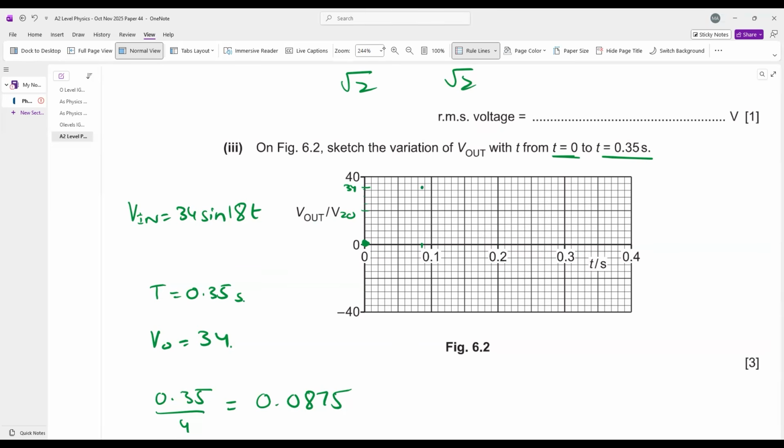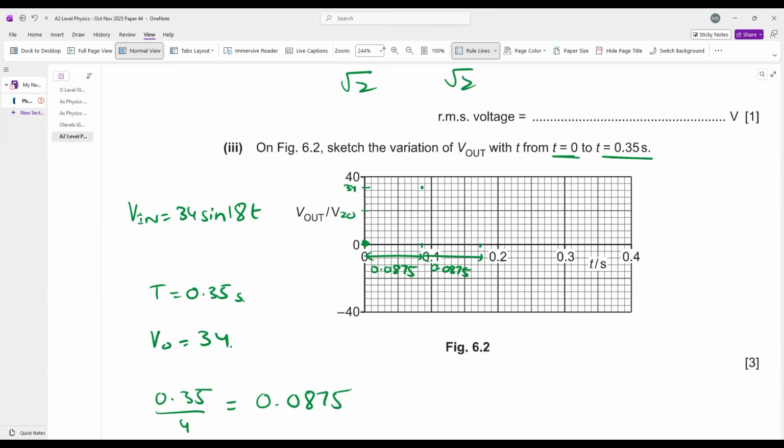At 0.175, you will have a voltage of 0. बेटा मैं 0.0875 सेकेंड्स ऐड करता जा रहा हूँ और अपना नेक्स्ट पॉइंट बनाता जा रहा हूँ.